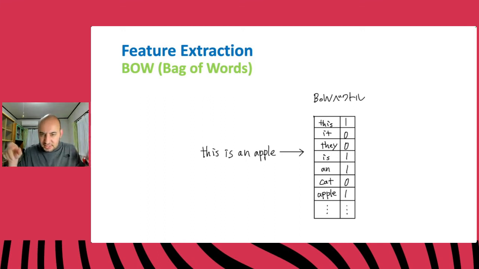Like, for example, I have a sentence, and this word is happening two times in the sentence, or the other word is happening only one time in the sentence. So I just measure the frequency of these words in each sentence. So this is called bag of words, BOW. And with this method, I just have the numeric values, right, for each word. So I can just convert this string into a binary number, so I might already have the features.